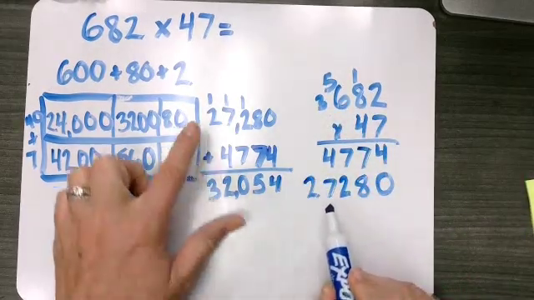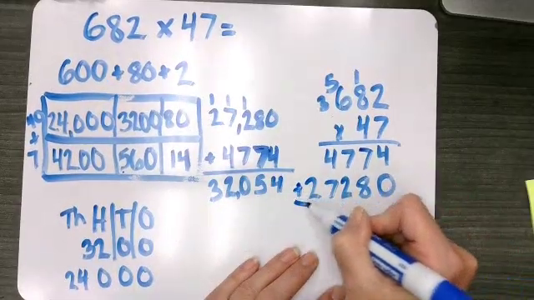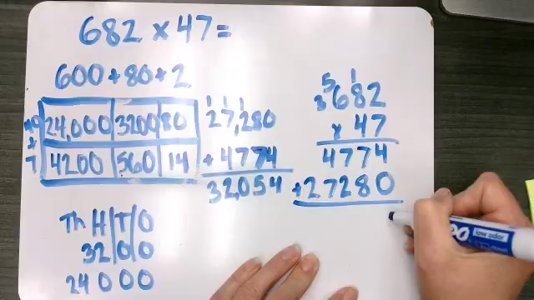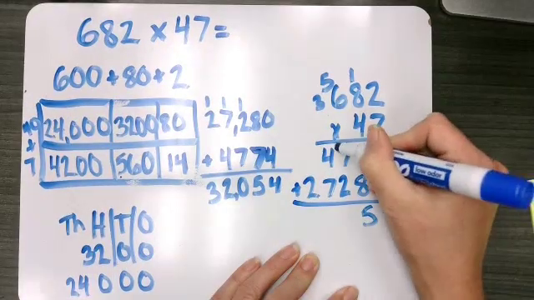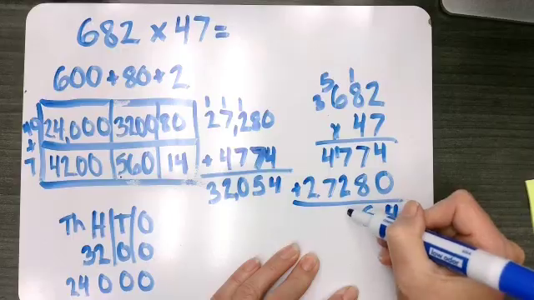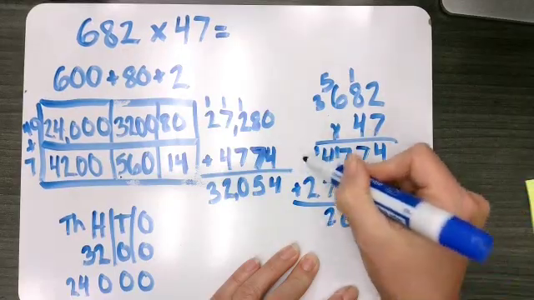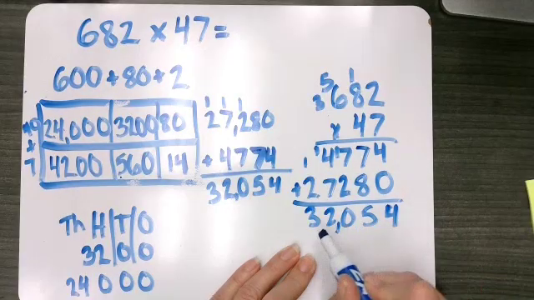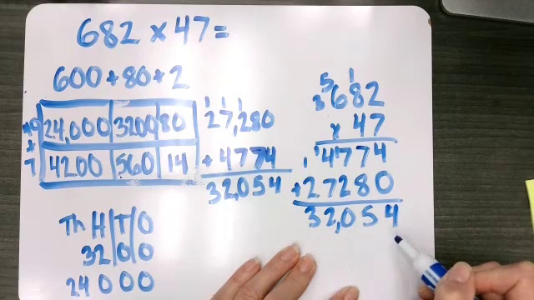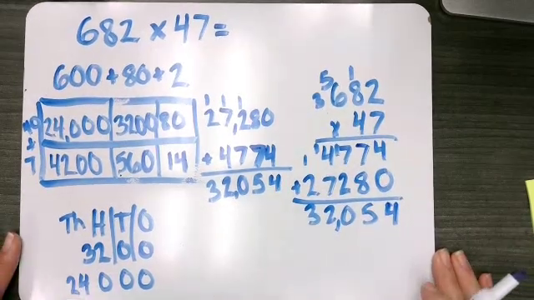Again, our partial products match. So we can add them up to get a total of 32,054. I hope this helped you make some connections today.